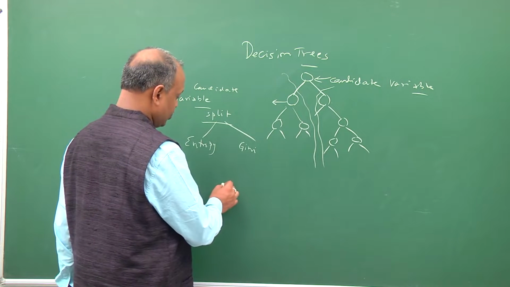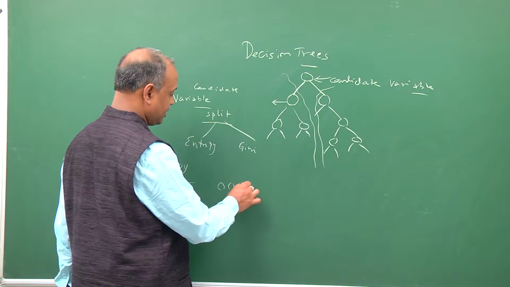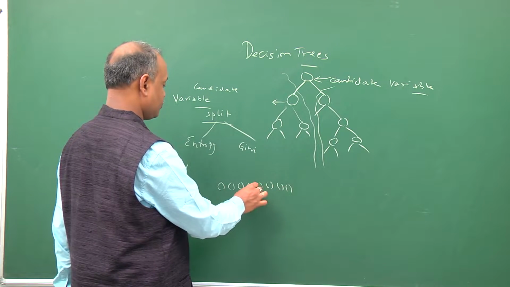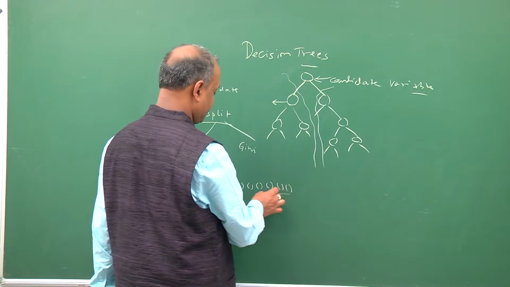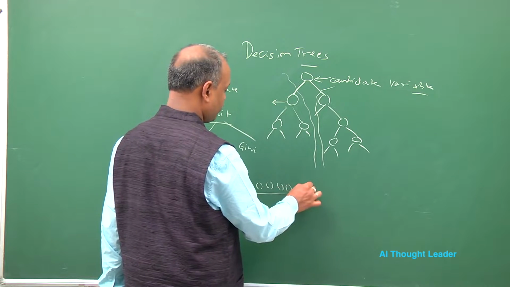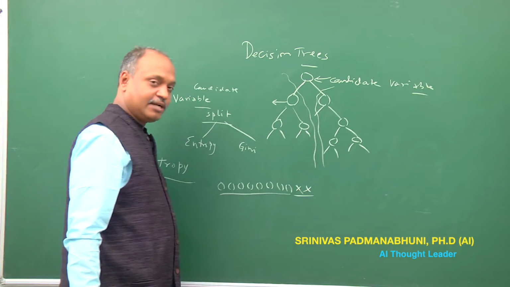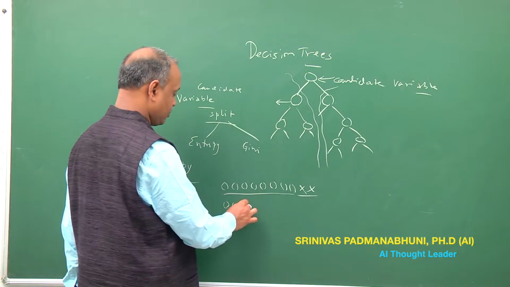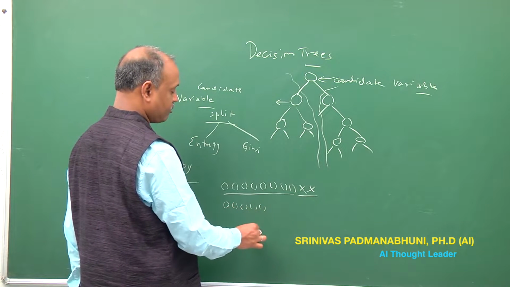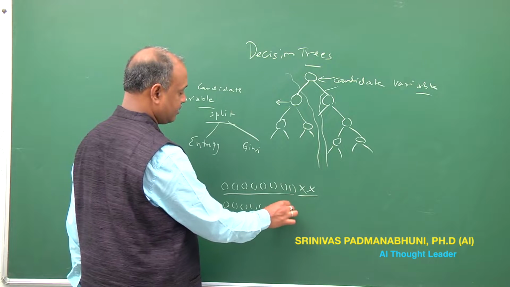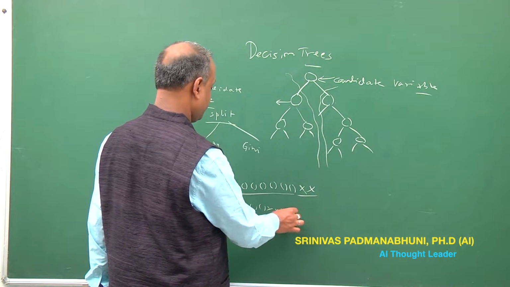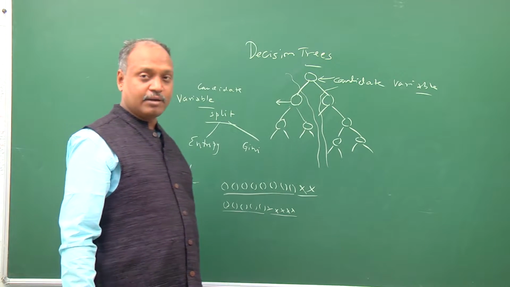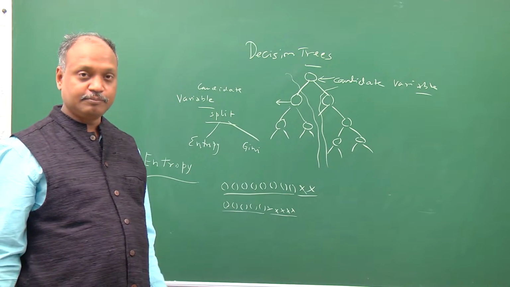Let us assume that we have a sample of 10 items where 8 of them are of one type and 2 of them of another type. And suppose we have another sample in which 5 are of one type and 5 of the other type. Both of them total 10. But what is the difference between both of them?